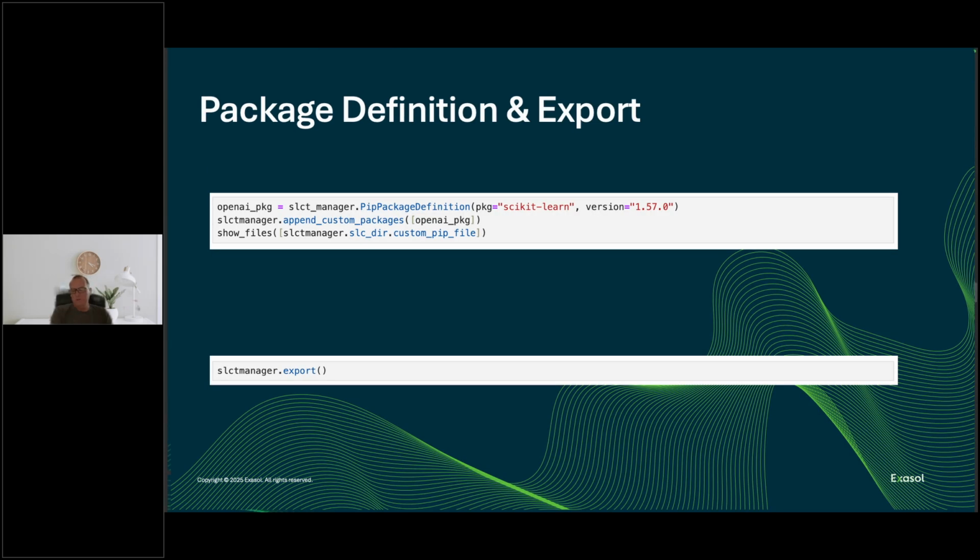So what do we need to do to create our own language container? For example, you need a Python package which is not included in the standard language container. I've given you the 2 steps. The first step is you add here the OpenAI package, which I'm going to use later on.